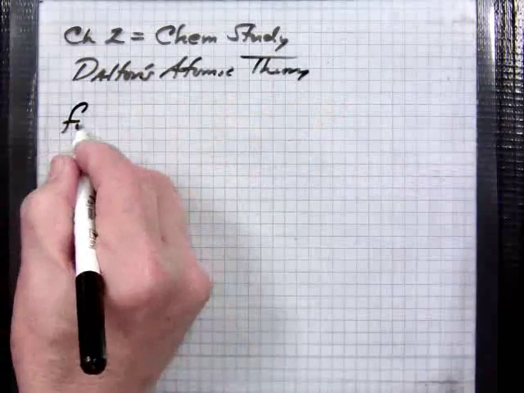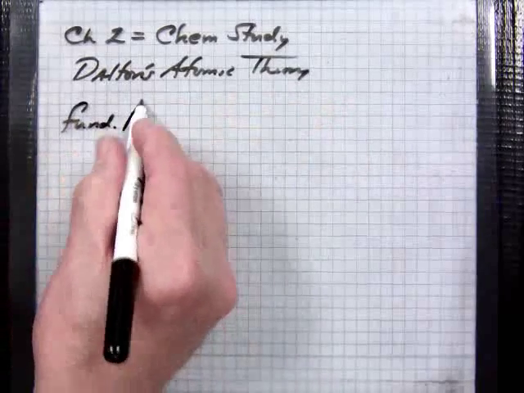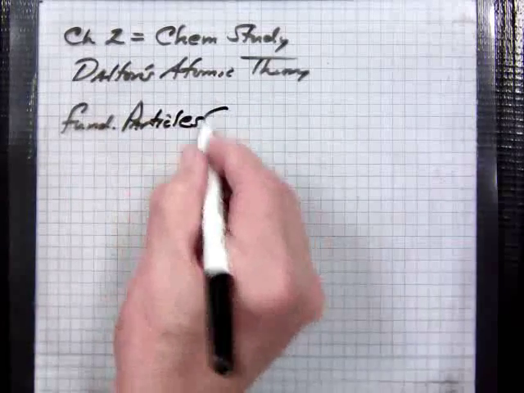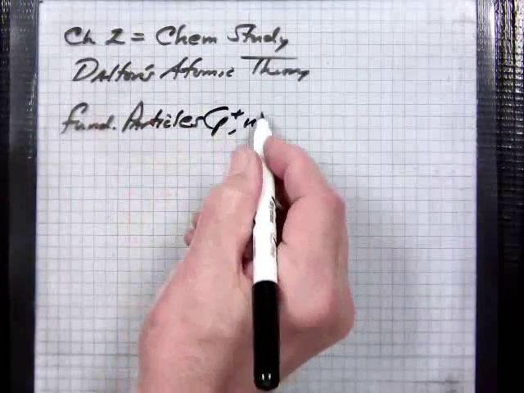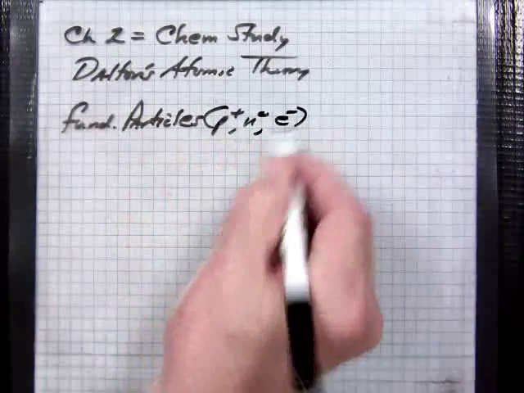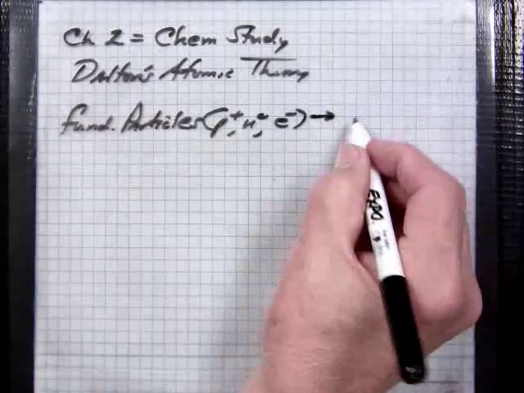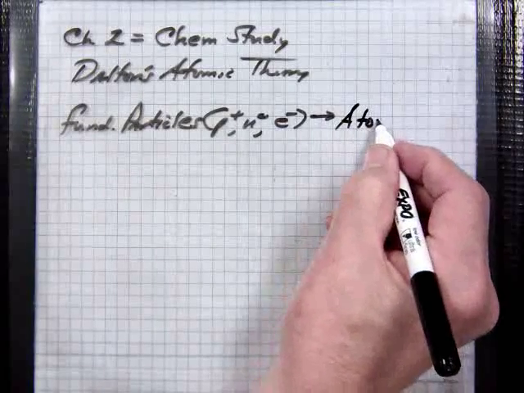Fundamental particles, which is the protons, the neutrons, and the electrons, and those go together in a certain order to make atoms and molecules, atoms and elements.